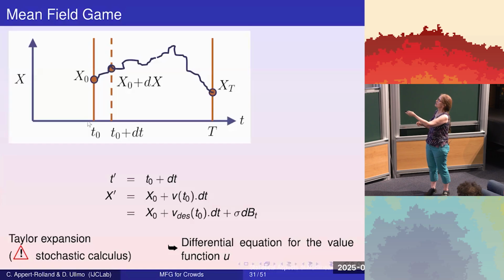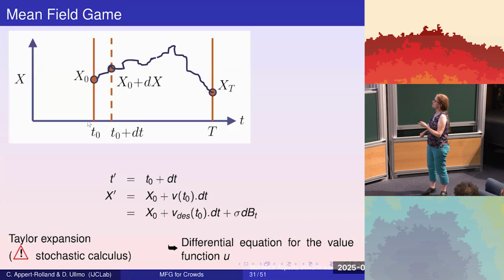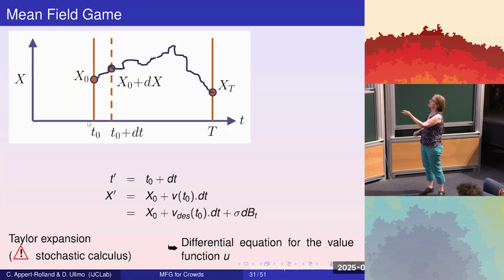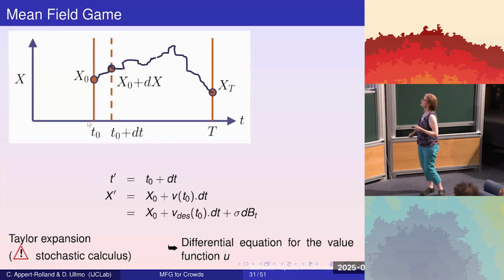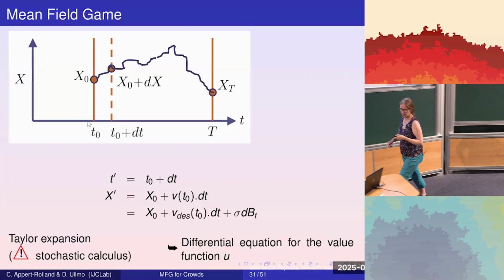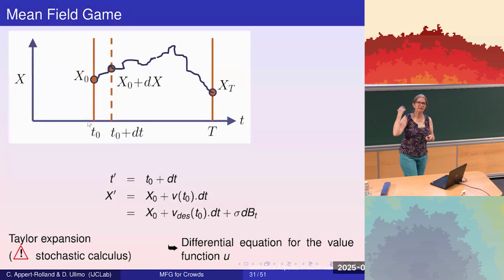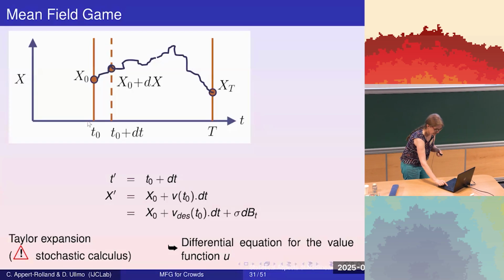If I had a deterministic model, it would be just the velocity times dt. Here it's my desired velocity plus some noise. But so once I know x prime, I'm back to again optimizing for the rest of the time without caring of what happened in the past.